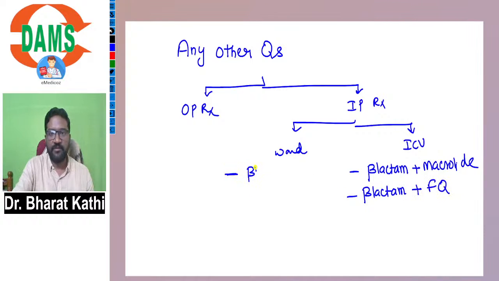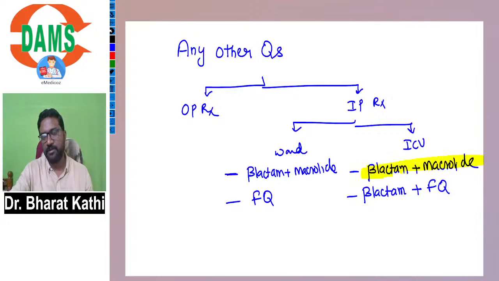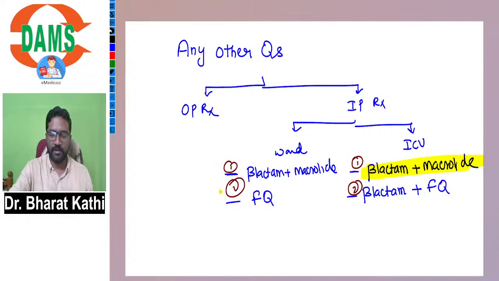If he is a ward patient, beta-lactam, macrolide. The second option is fluoroquinolone. Beta-lactam with macrolide should be the first option in India, and if it is not given, you can go for the second option. So this is always first option, second option. Okay.